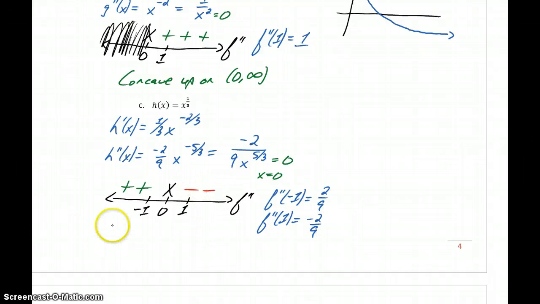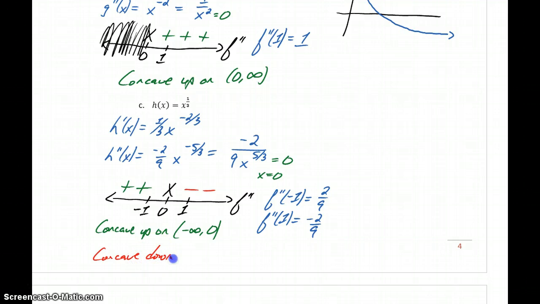So our given function will be concave up on negative infinity to 0 and concave down on 0 to positive infinity.